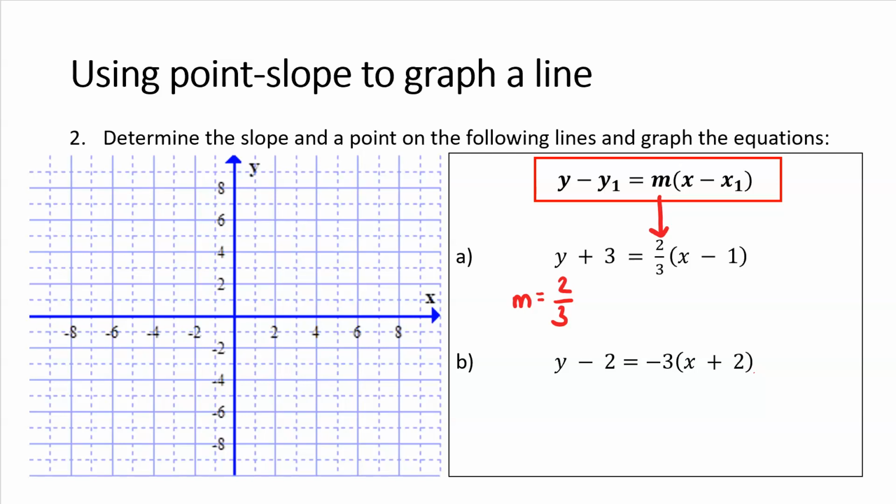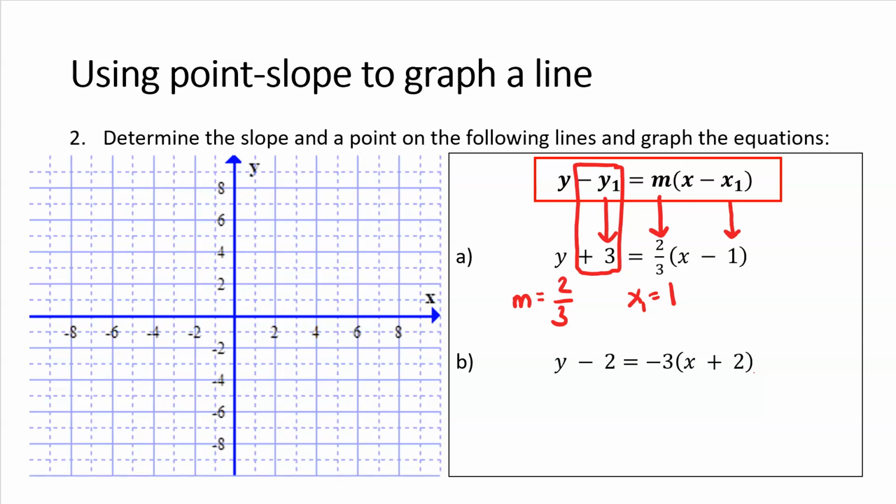And your x1, right, it's x minus x1. And in the brackets for equation A, you have x minus 1. So 1 is your x1. x1 is 1. And now look at y1. If negative y1 equals 3, then y1 must be negative 3.